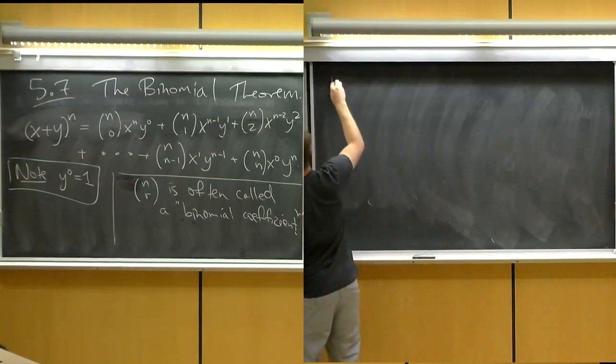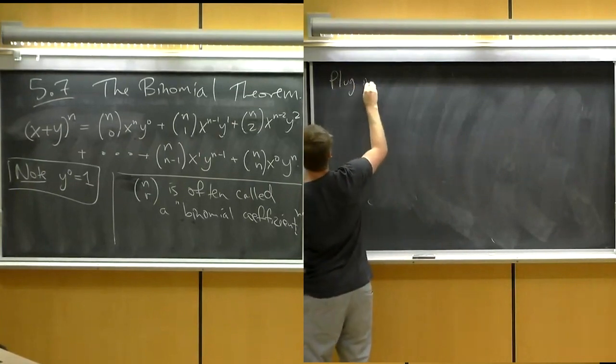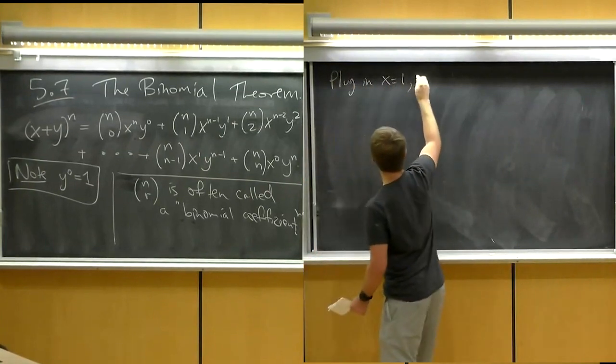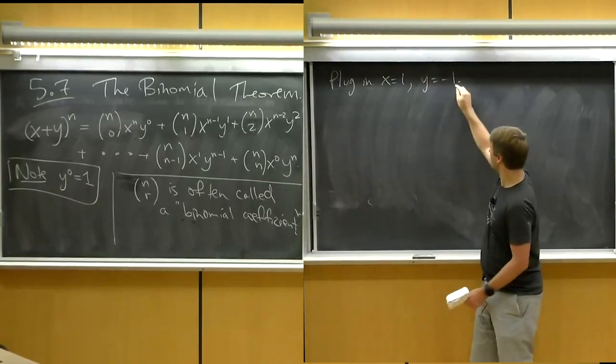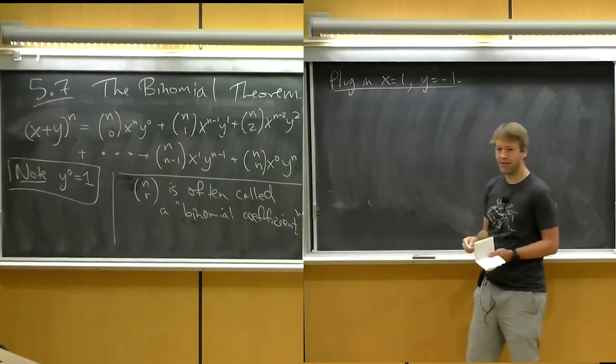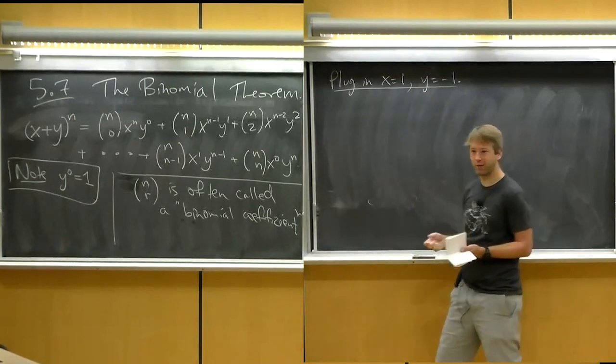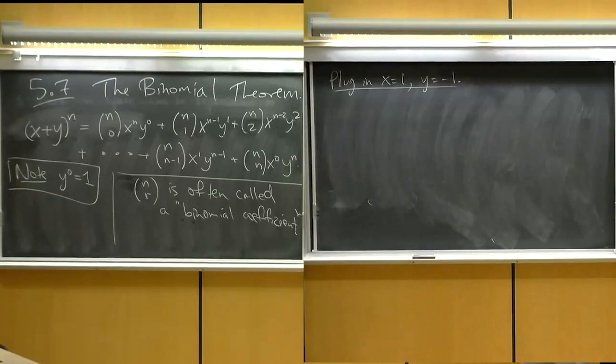Now if we plug in x equals 1, y equals negative 1, what is my left-hand side going to equal? Yeah, it's 0 to the power n, so it's 0.